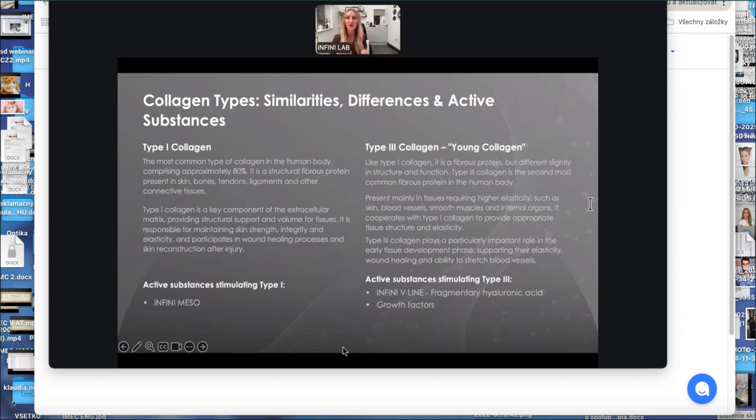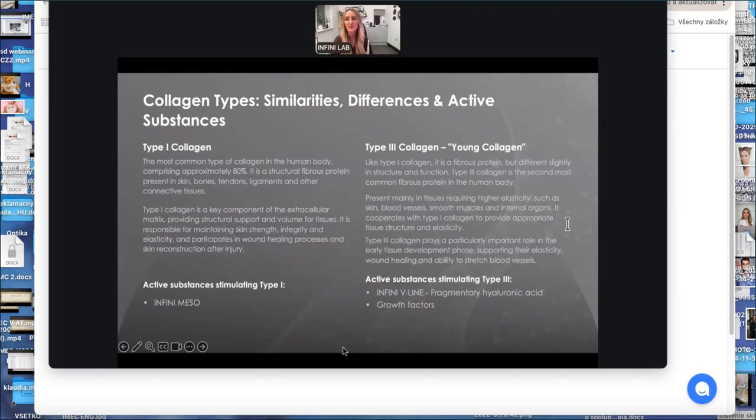But if we don't have this elastic, bouncy structure, the skin doesn't look good at an older age. So if we would like to create collagen type 3, of course, we have to choose the active ingredients.